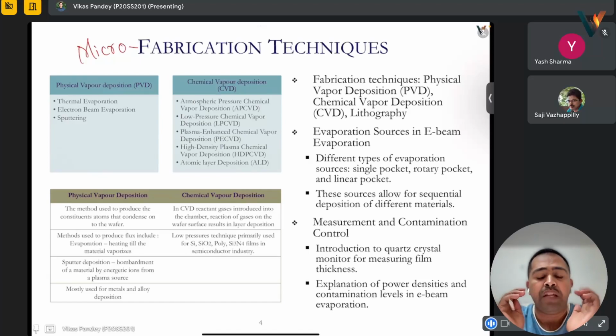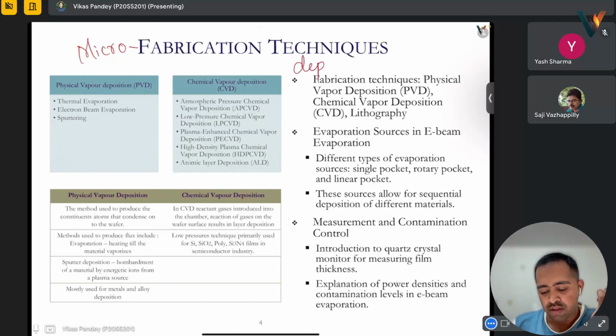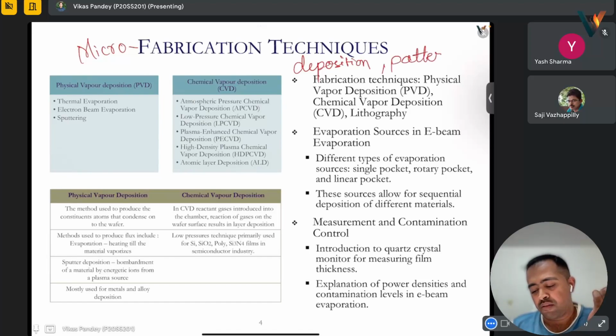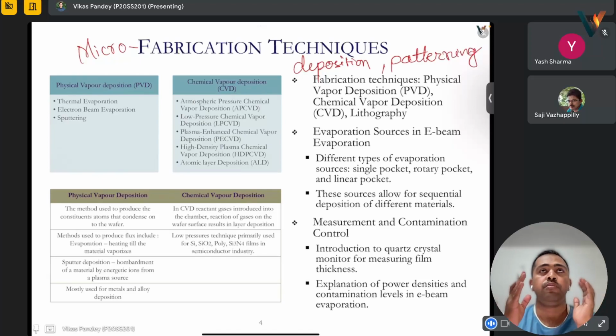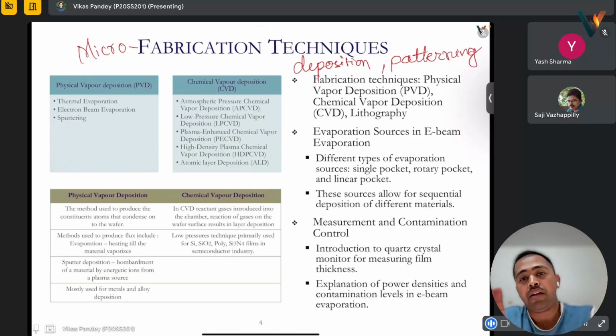So ideally, to make an electrode, two things are to be done. One thing is deposition, and the second is patterning. Since we are trying to make very small electrodes or very small objects, we want precise deposition of layers of maybe metal or our desired film, and we want to pattern it.